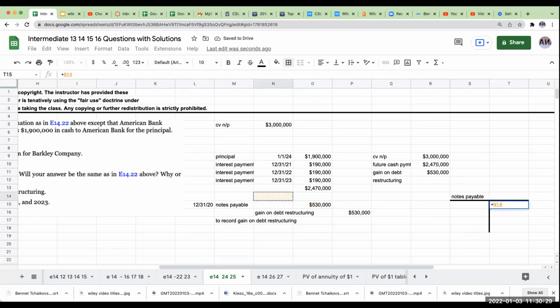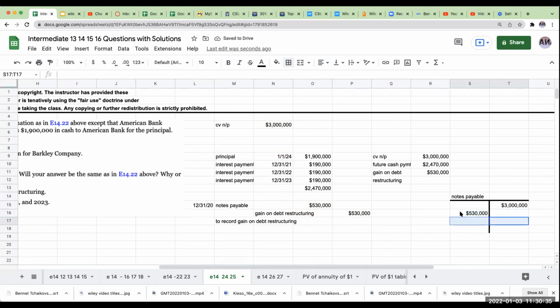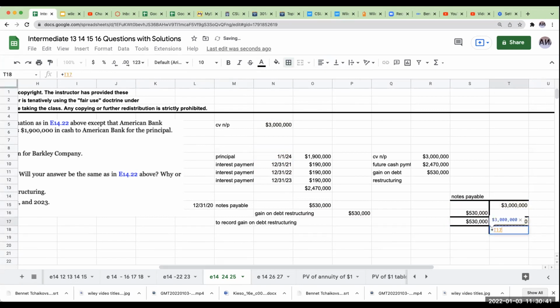My notes payable was 3 million, and once I write it down by 530,000, my carrying value is 2,470,000, which is the same amount as my future cash payments. Therefore, there's going to be 0 interest expense.